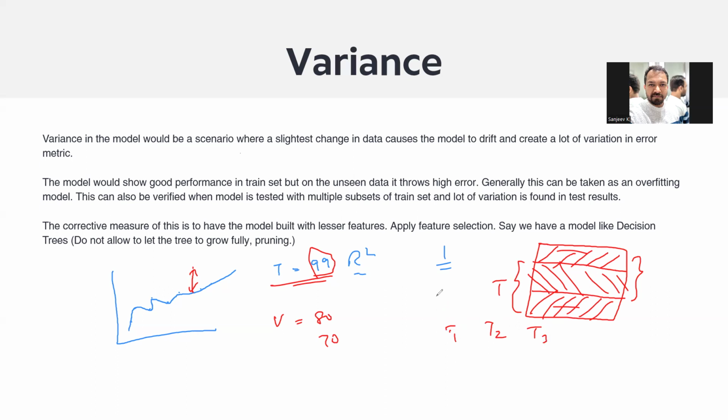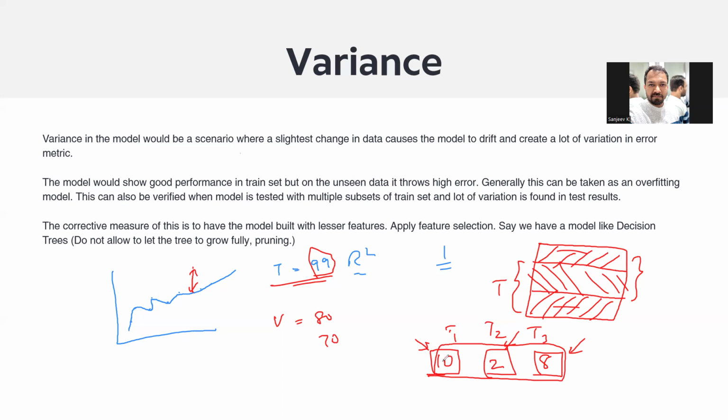Let us say I'm looking at RMSE. The RMSE in trial 1 was 10, in trial 2 was 2, and in trial 3 was 8. You notice that the errors were not constant. Here the error is 2, but here the errors are quite high compared to this one. In order to have a very good model, when I do a k-fold cross validation, I need to make sure that all these errors are very close to each other. There is not too much deviation from one error metric to another.